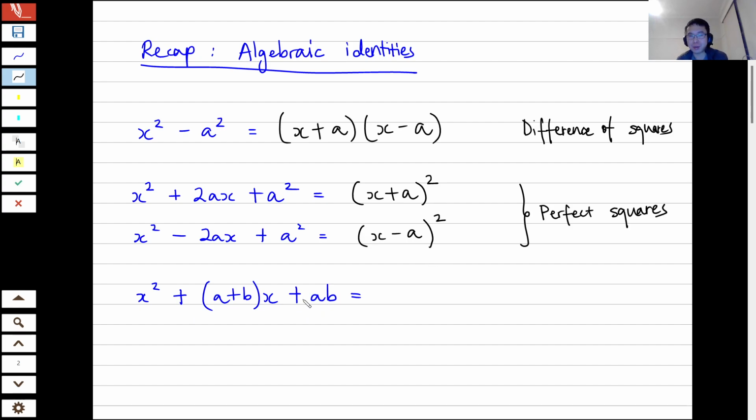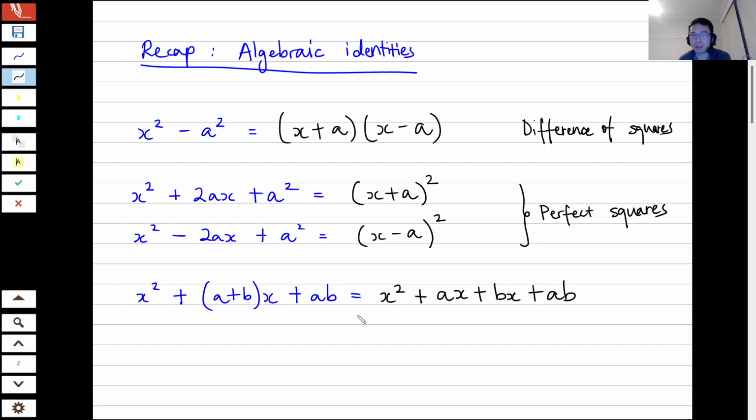And this last one, you probably haven't seen it written like this before. So I might just show you the full derivation. I'll start by expanding this bracket using the distributive law. So this is x squared plus ax plus bx plus ab.